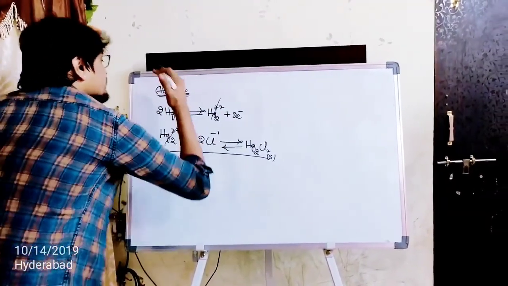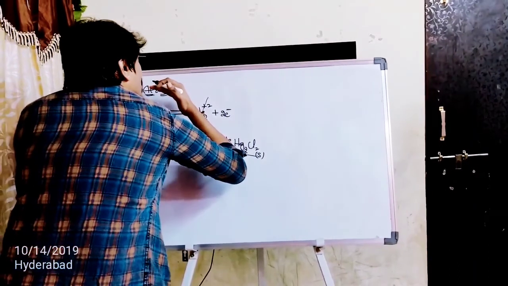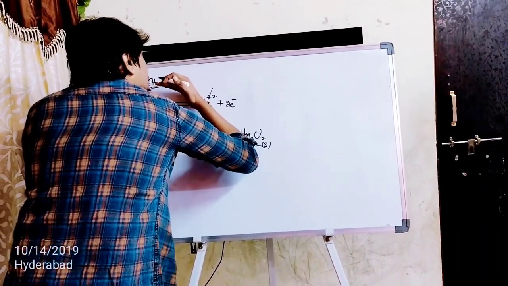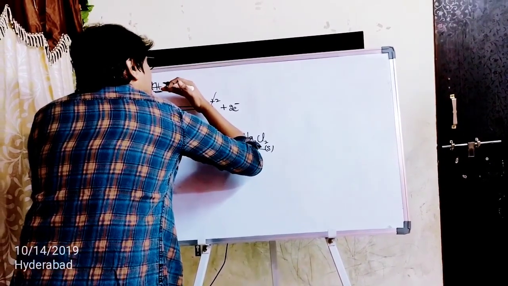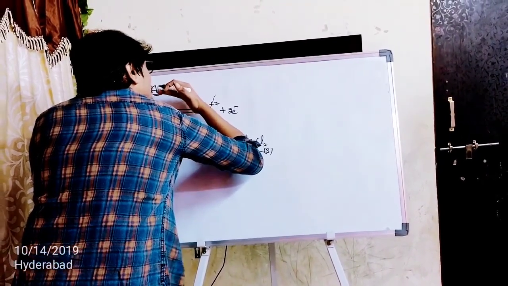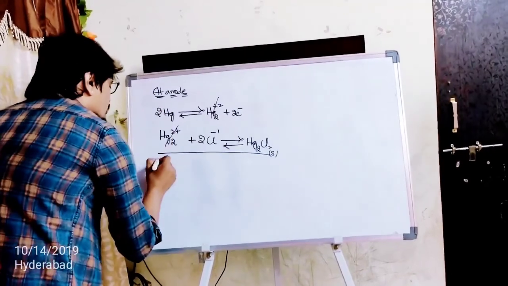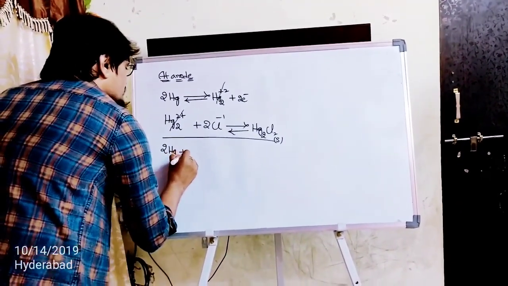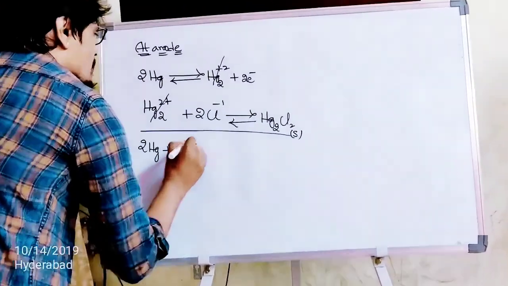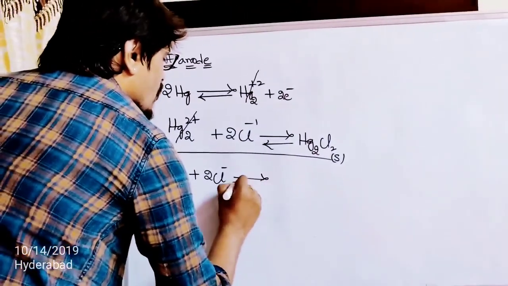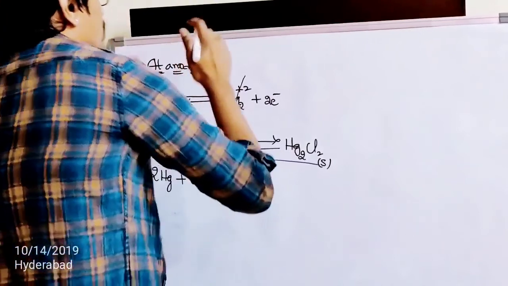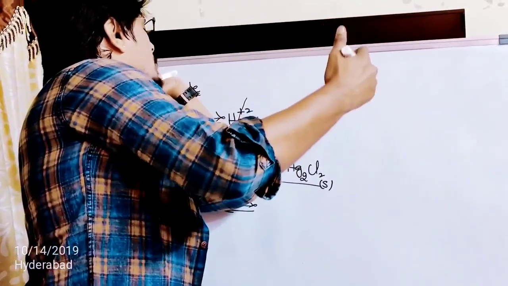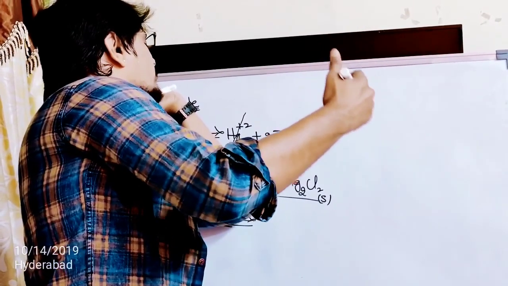Now, what is left on the left side of the arrow mark? Write those species, don't be confused. Whatever is left on the left side, write that on the left side. So what is left? 2 moles of mercury plus 2 Cl minus results in the formation of... Now whatever is left on the right side of the arrow mark, write it only on the right side.